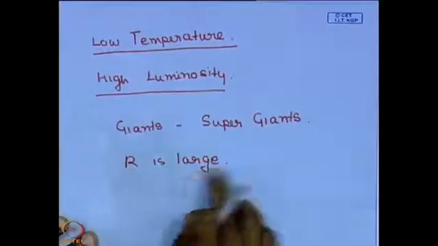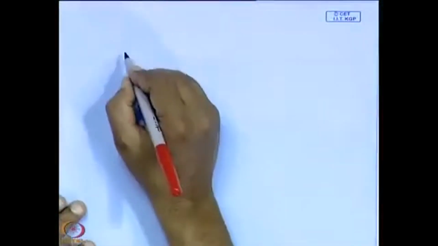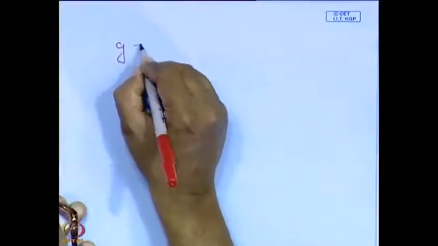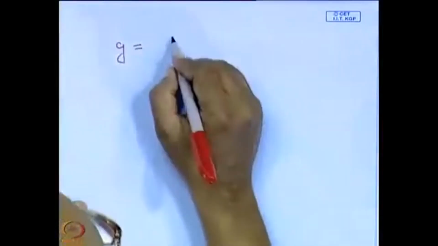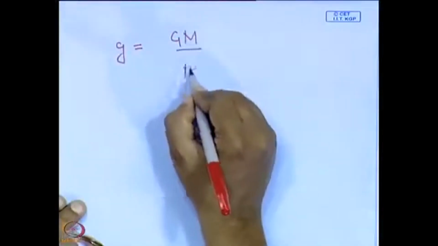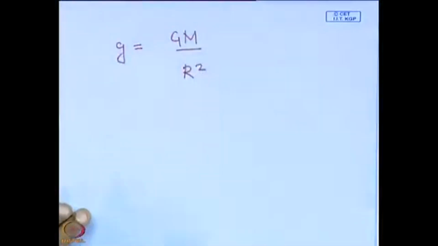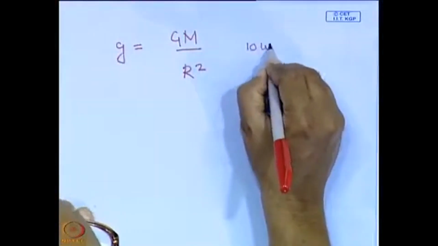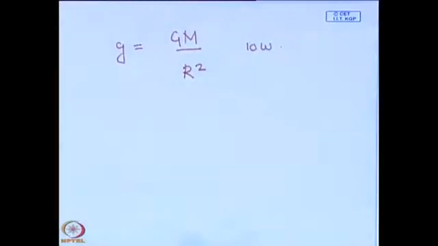Okay, so these giant stars, they have a large radius, and as a consequence of that, their surface acceleration or surface gravity, which is g equals G times the mass of the star divided by r square, is relatively low. So these are not extremely massive stars, they are stars of typical mass like the sun or maybe somewhere around there, whose radius has increased.